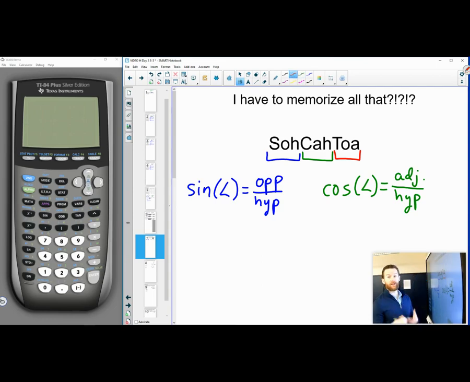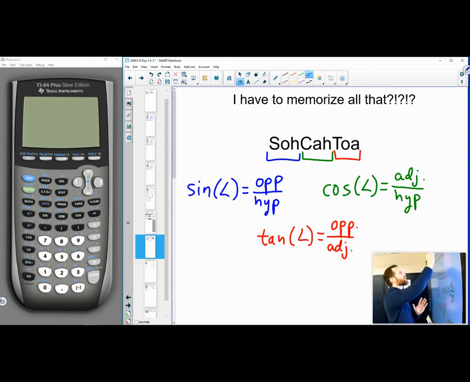And last but not least, we've got TOA, the T standing for tangent, so we have tangent of the angle equals O stands for opposite, and A stands for adjacent. And there we go. This one stupid made-up word SOHCAHTOA gives us all the formulas we need for these special ratios, these special comparisons of sides in a right triangle.